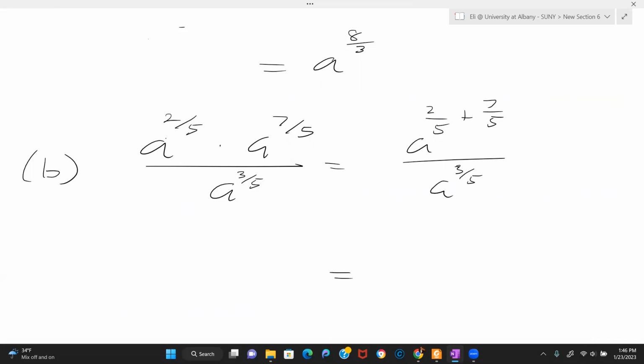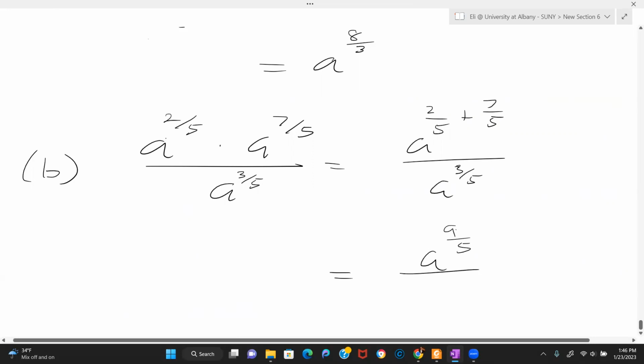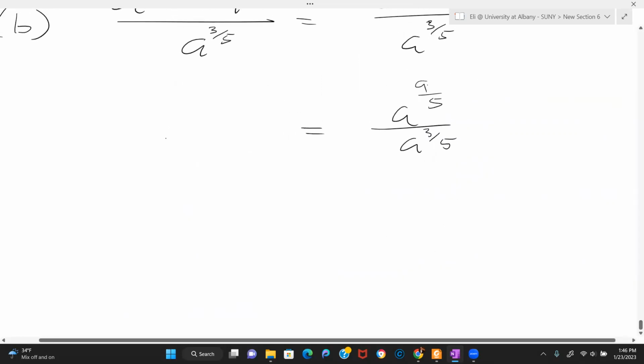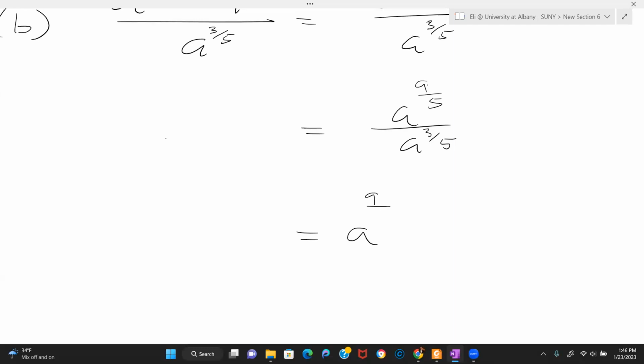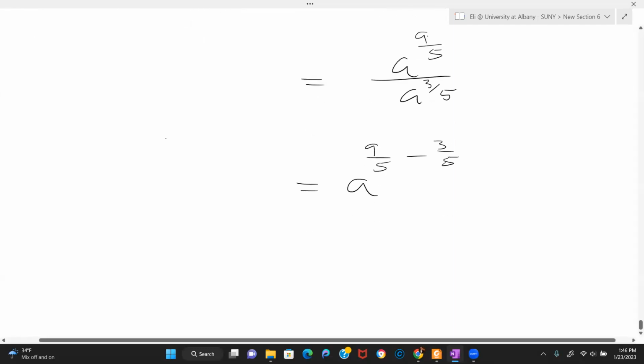We'll simplify this exponent to get a to the 9/5 over a to the 3/5. Since we have this division, we subtract the power in the denominator from the power in the numerator. So it's going to be a to the 9/5 minus 3/5. And then that simplifies to a to the 6/5.